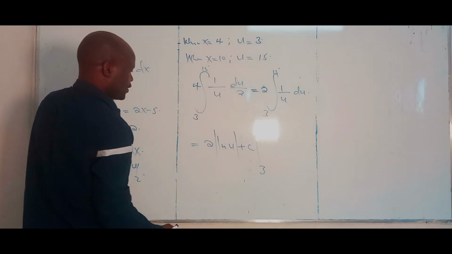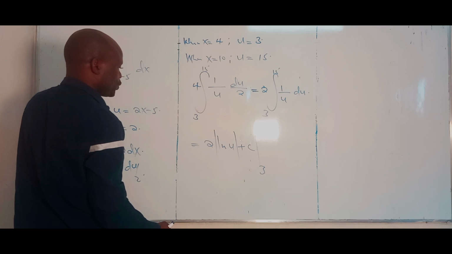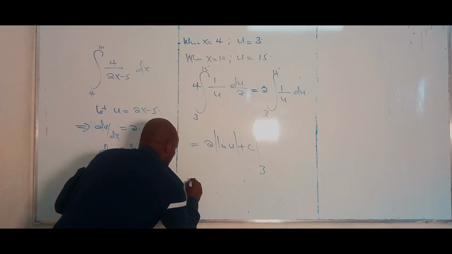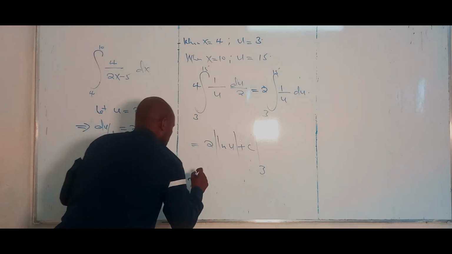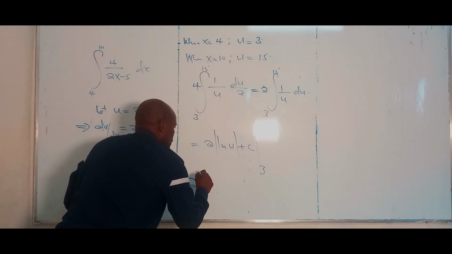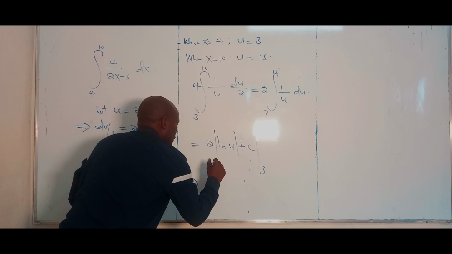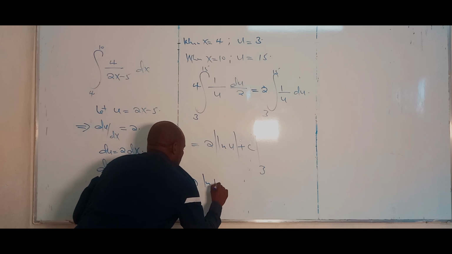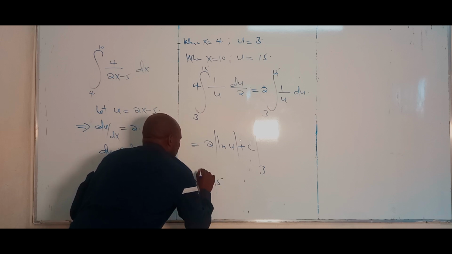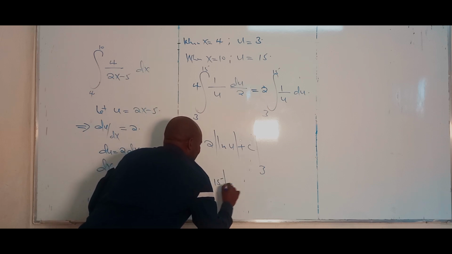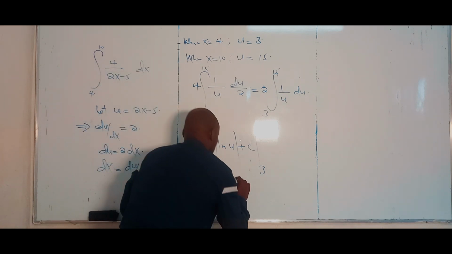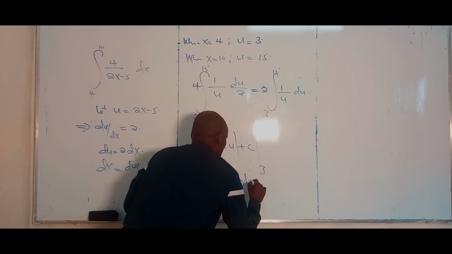In which case, it will be 2 into, so now where there is u, first we put 15. 2 into ln of 15 minus 2 into ln of 3.